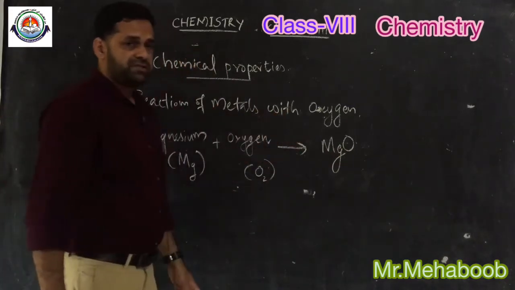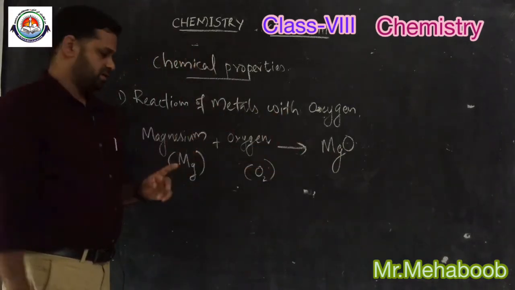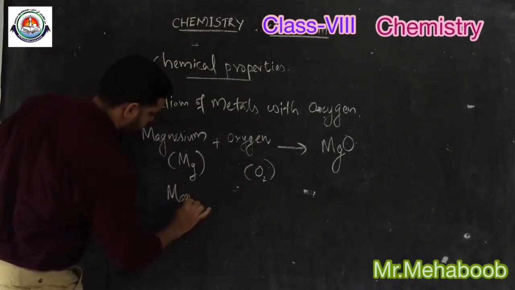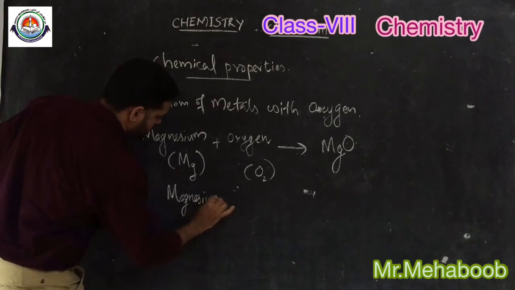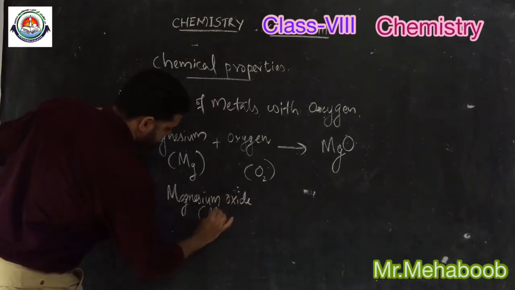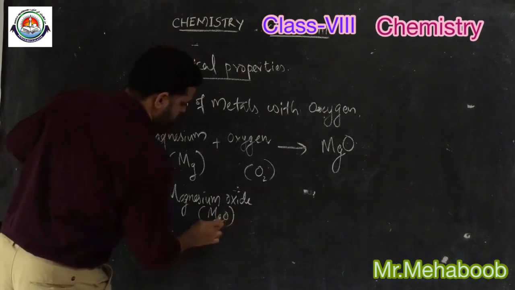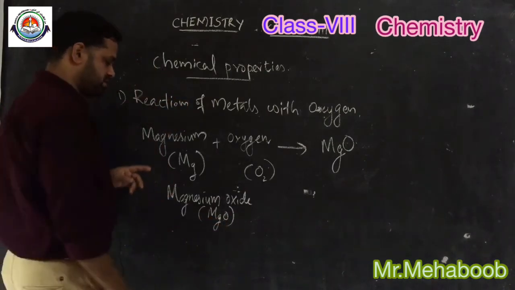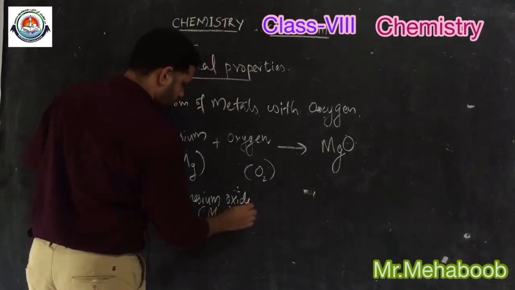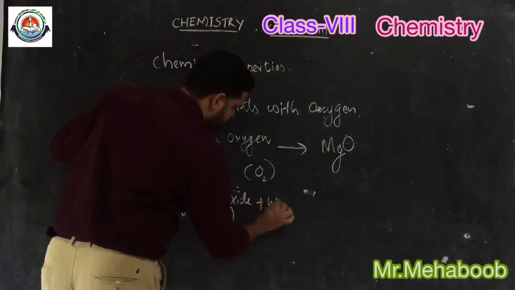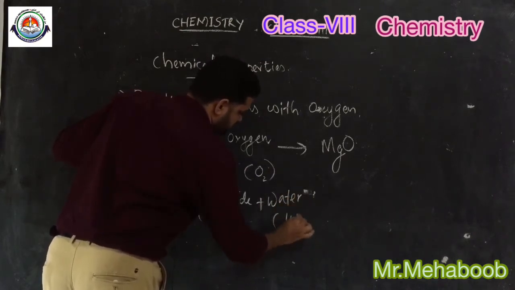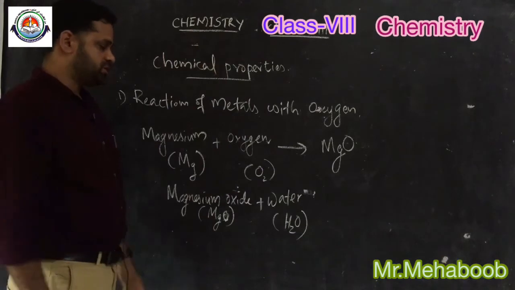When we dissolve this magnesium oxide, or ash, in water: magnesium oxide, its formula is MgO, this is the molecular formula of magnesium oxide, plus water. The molecular formula of water is H2O.